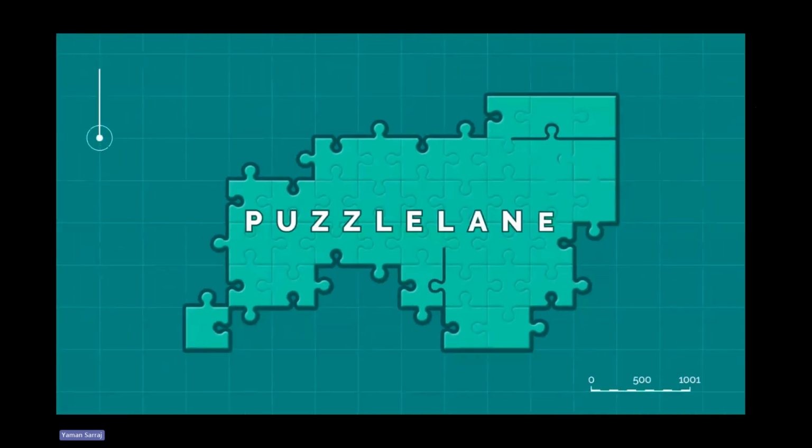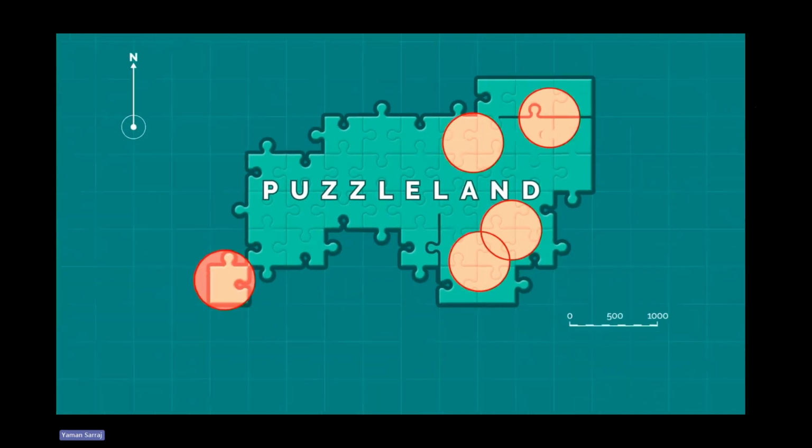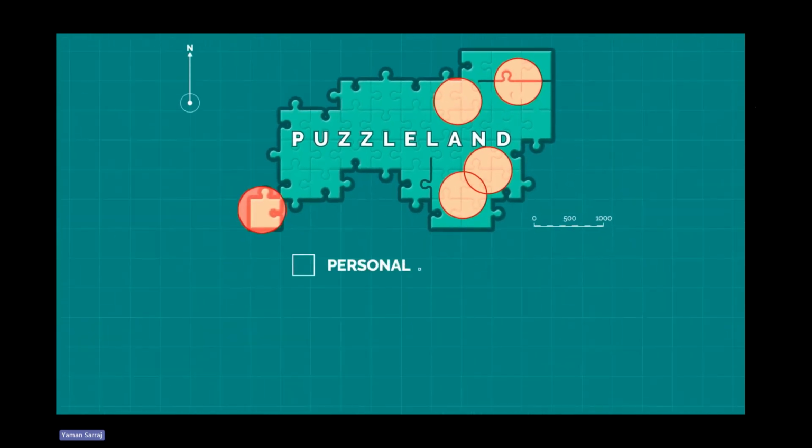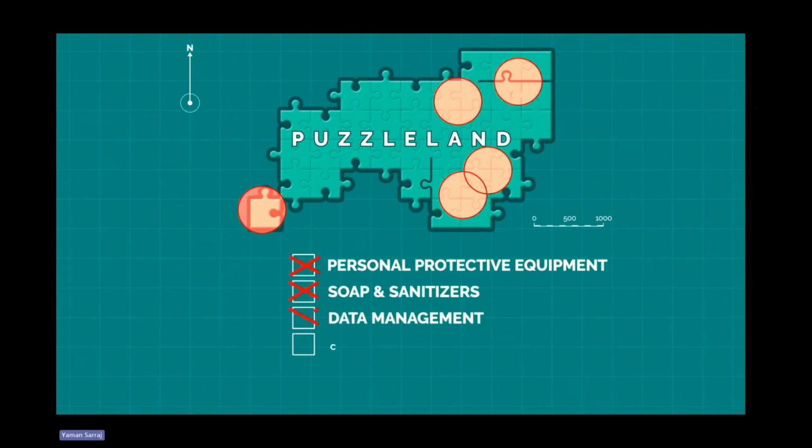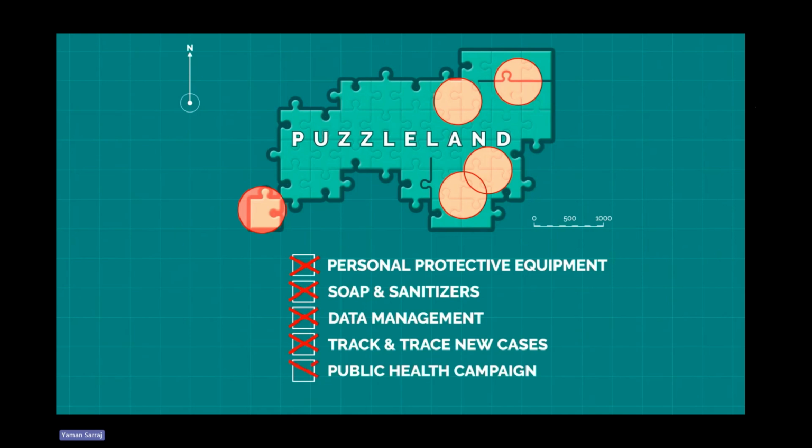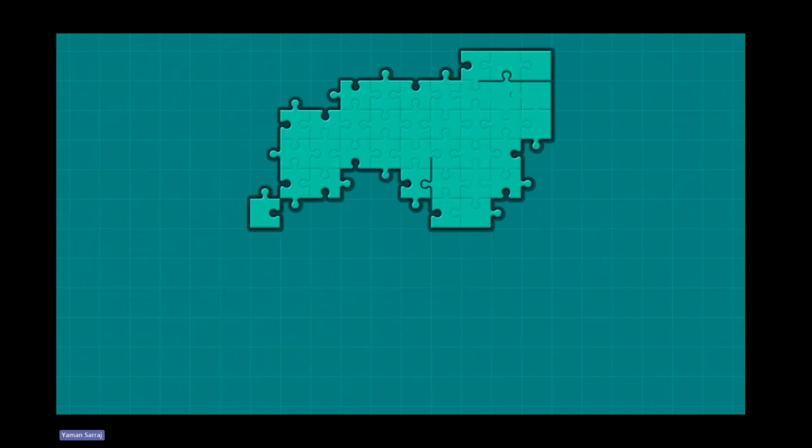We'll call it Puzzleland, and it's been recently hit by a new pandemic. The needs are overwhelming. From personal protective equipment, soap and sanitizers, data management, to tracking and tracing new cases, to public health campaigns sensitizing populations in rural areas on the dangers the pandemic poses and mitigation strategies.